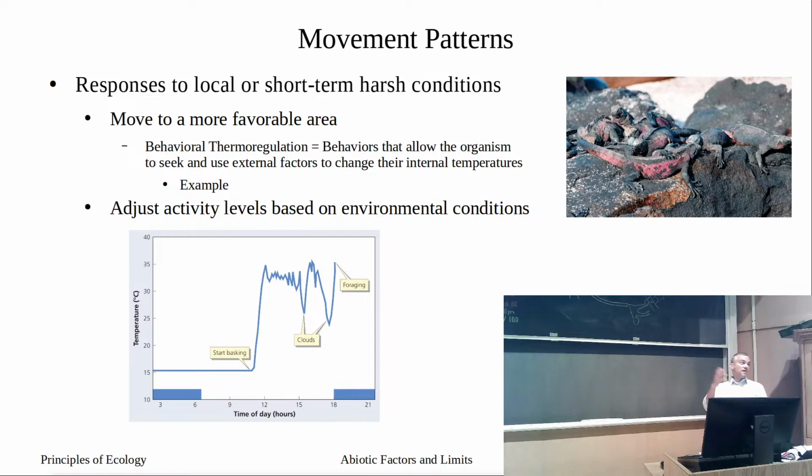The groundskeepers will go out and water some of the trees, they'll soak the ground. The ground is cooler, and occasionally you will see a squirrel just sprawled out on the ground. They're increasing their surface area with that ground. That's a movement pattern. They sense a cooler environment. They're trying to avoid the extreme heat that we have over the summer, and they're finding a cooler spot. It's all movement.